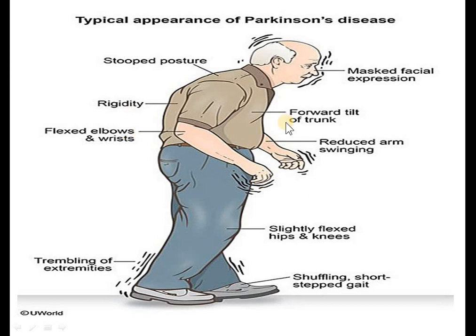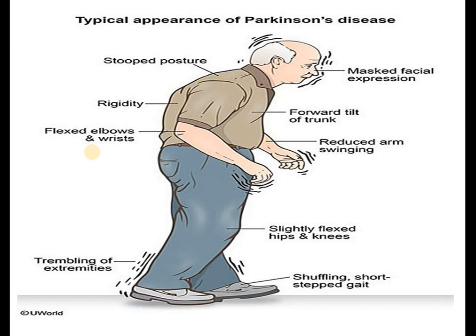Okay, then rigidity, what does it mean? Whatever muscles are there in your body, those muscles are flexible. You can twist the muscle, you can turn the muscle. That means flexible. If it is stiff, it is not flexible. Stiff means it stays in one place.